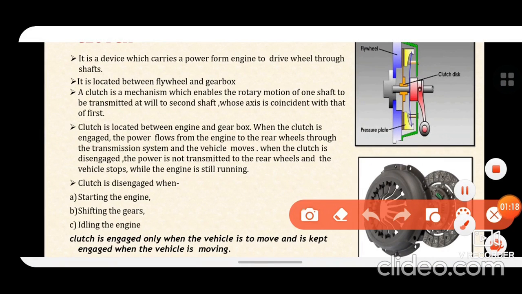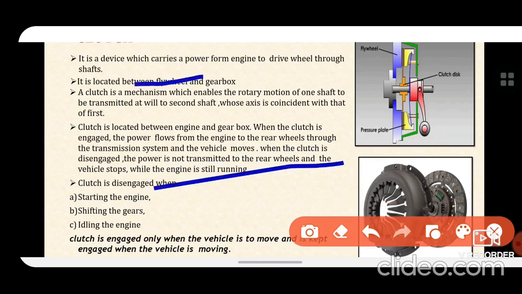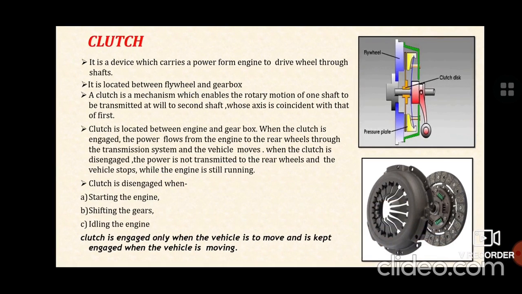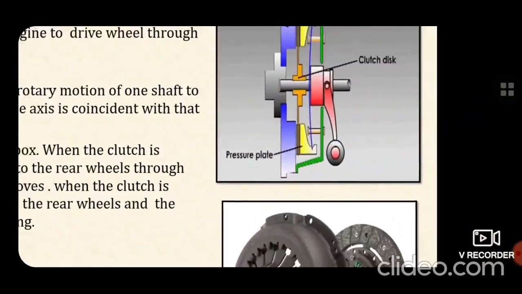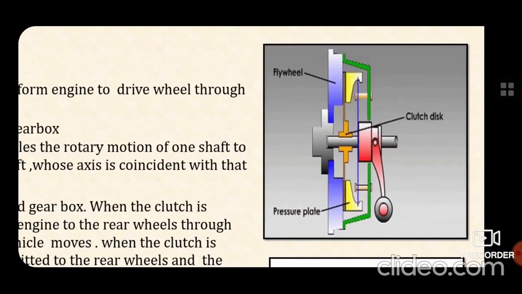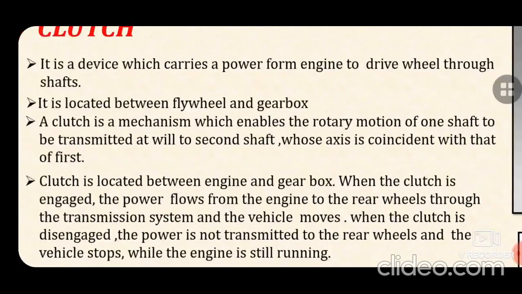As we all know, clutch is a device which carries power from the engine to the drive wheels through the shafts. It is located between flywheel and the gearbox that we have discussed here. This is the intermediate part of flywheel and the gearbox.